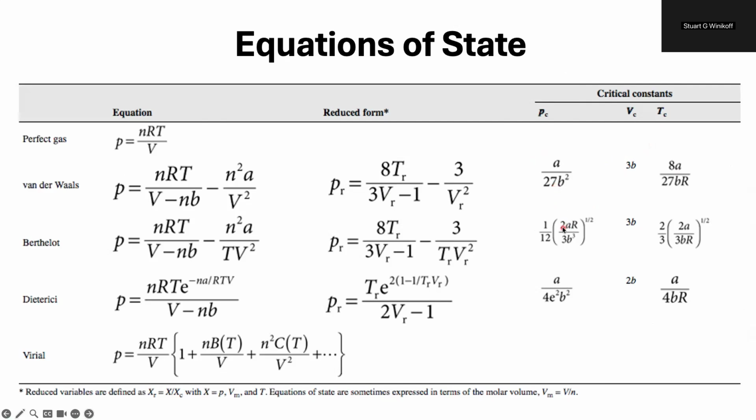And similarly for the Berthelot, Dieterici, and the other modified van der Waals equations. So now, instead of having to do more advanced fitting methods to determine our van der Waals parameters, all we need is the critical point. That's a really useful feature we can make use of.